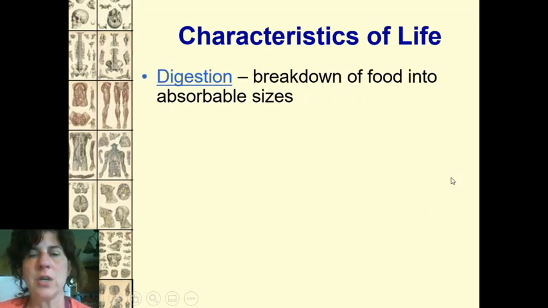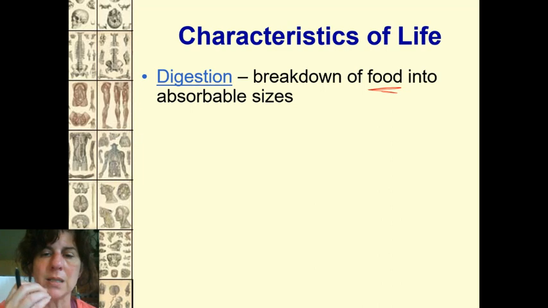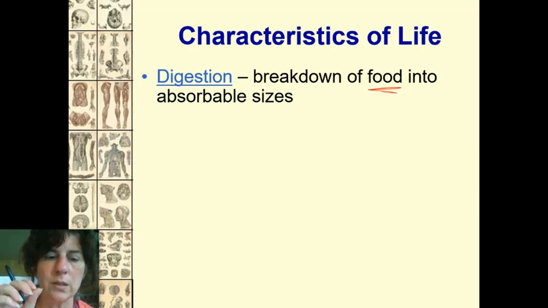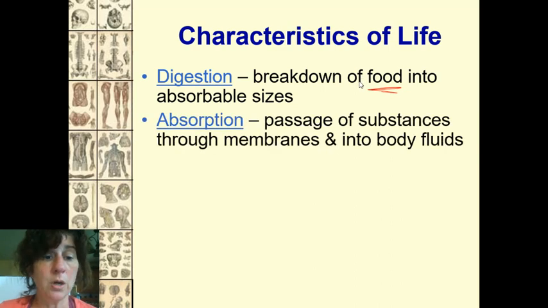Digestion. Digestion is obviously very important for animals. We have to take the food that we brought in, since we can't make our own like plants can. We have to bring in food and break it down into smaller and smaller pieces. You cannot take that little piece of steak that you ate for dinner last night and immediately take it into the bloodstream. You've got to break it down into really, really microscopic pieces so that it can then be absorbed across the intestinal lining into the blood vessels.